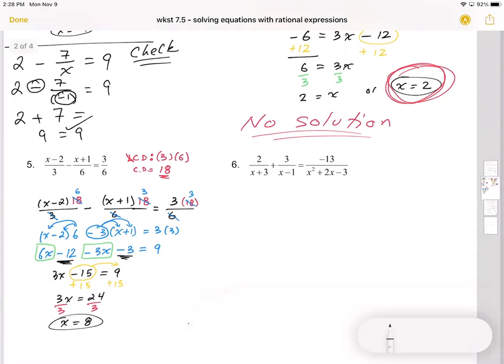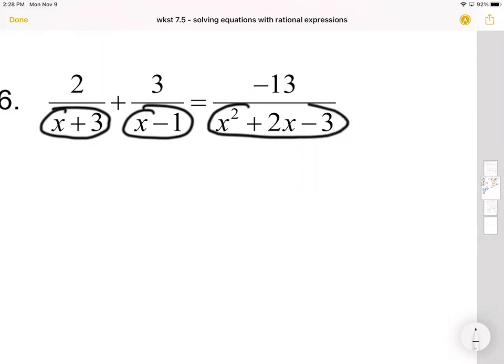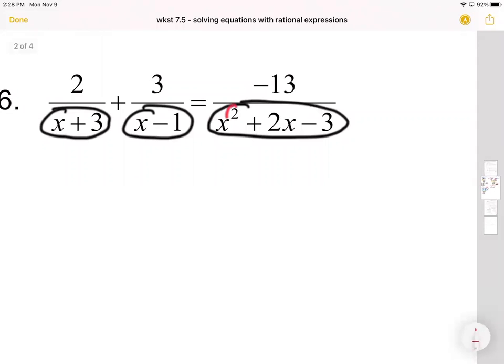If you look at number 6, again, it's a little bit different from the prior problem, and we encountered this last time too. If you remember, or if you look at this here, what is the main difference between this problem and the prior problem? Hopefully you guys see that there's an x squared.